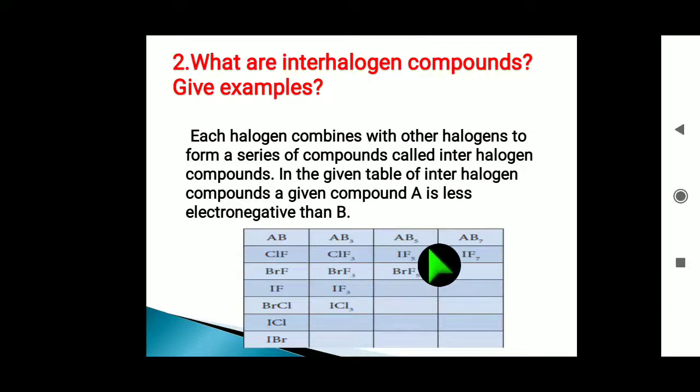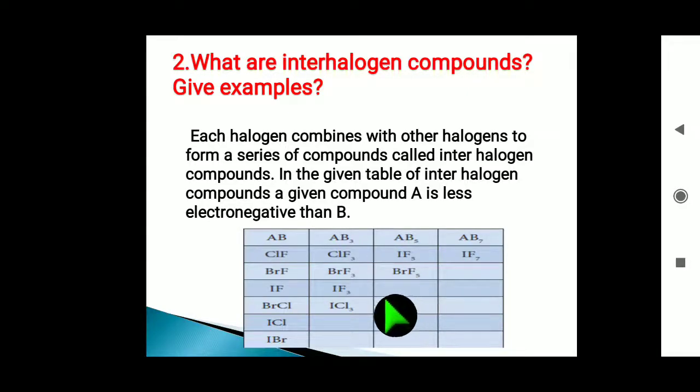So you can take any example. The first element A is compared with the second element. The first element is less electronegative than the second one. I take ClF3: Cl is less electronegative than fluorine.